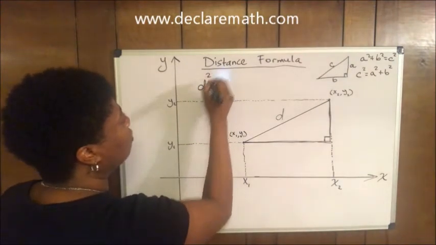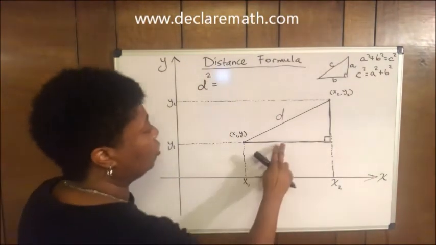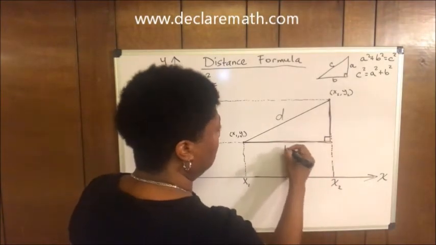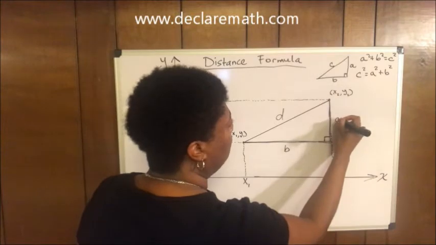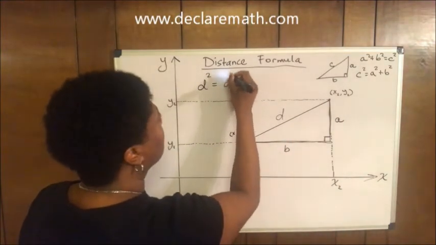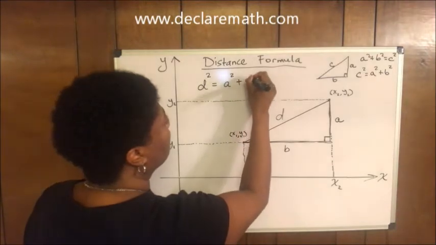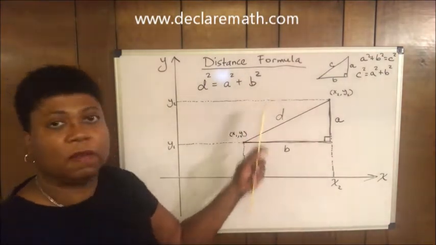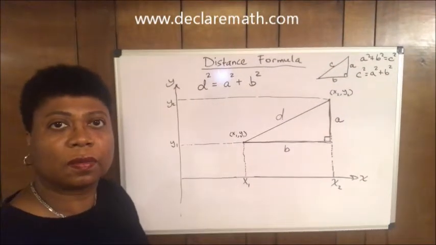So it would be d squared is equal to this distance, which we'll call b, and we'll call this one a. So it's going to be a squared plus b squared, and we're going to plug in for a and b.